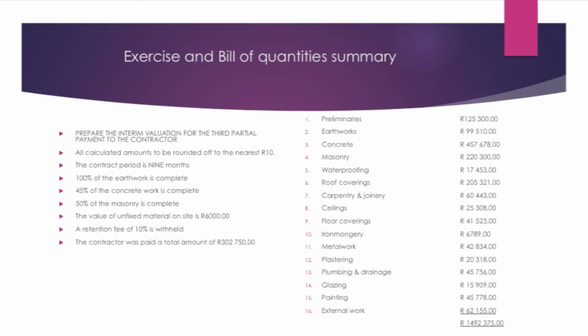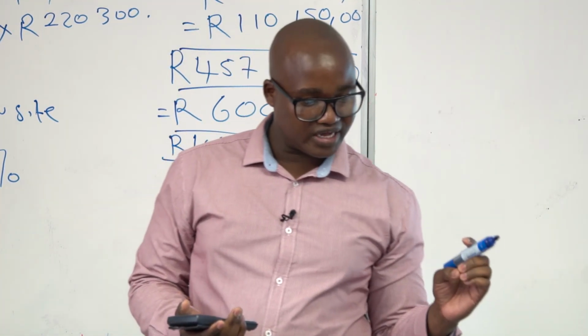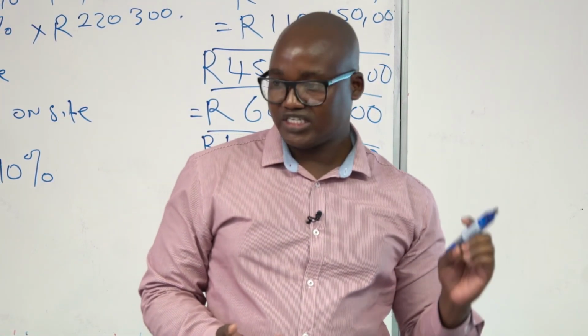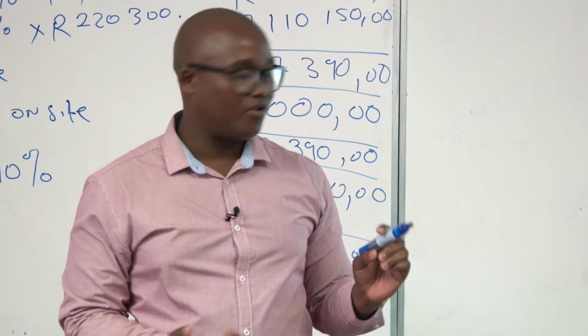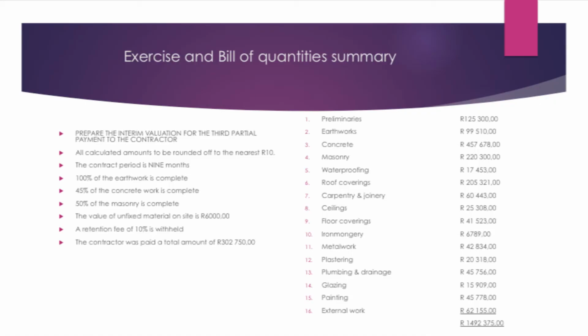We are left with the last amount that we should work out. We must also consider that we are given the amount that was paid to the contractor, which is 302,750.